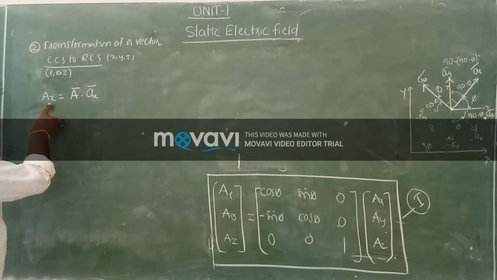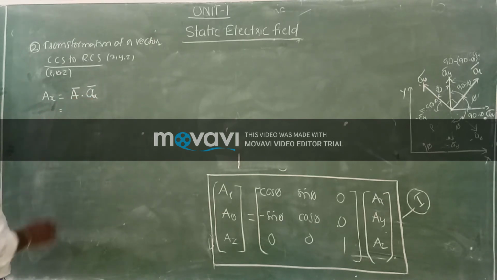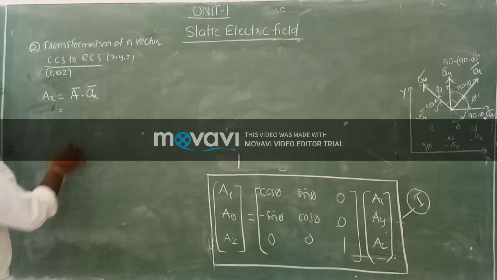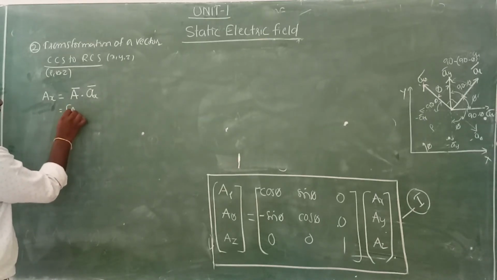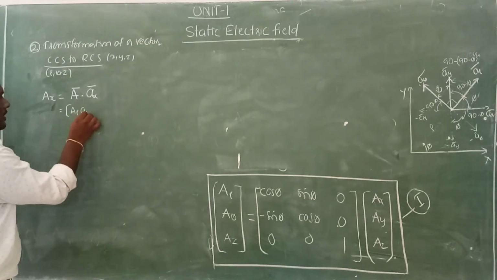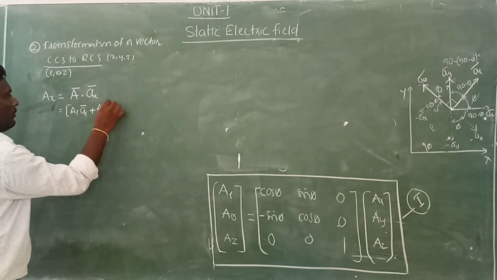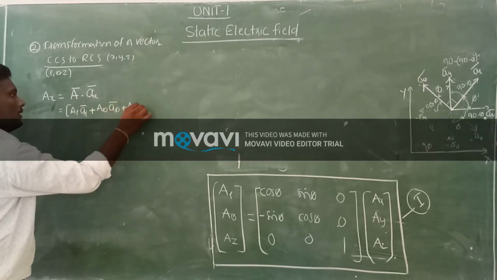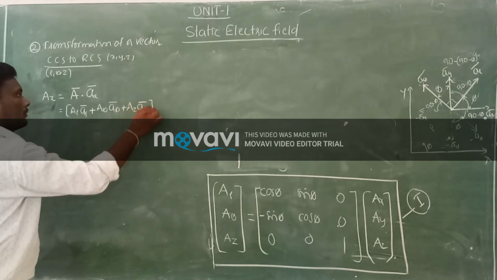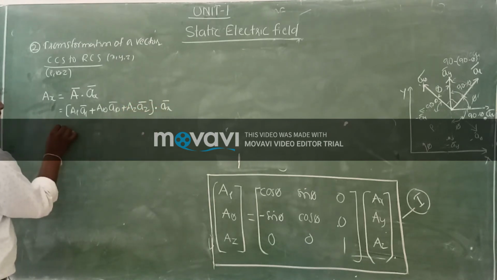Because you are calculating Ax, so here it should be ax bar. Similarly, same as the initial explanation, we consider the vector in the cylindrical coordinate system, that is A rho into a rho bar plus A phi into a phi bar plus Az into az bar, dot ax bar.